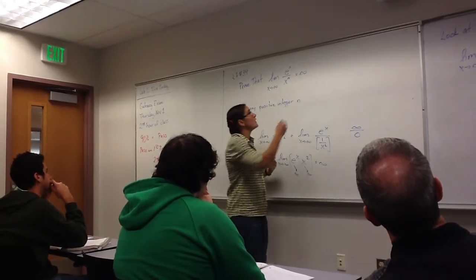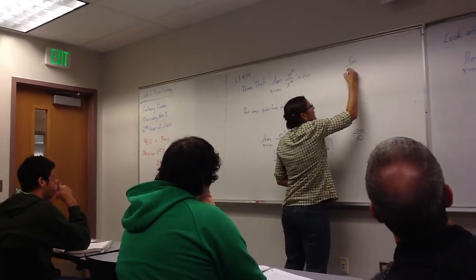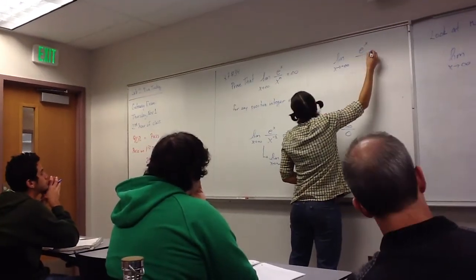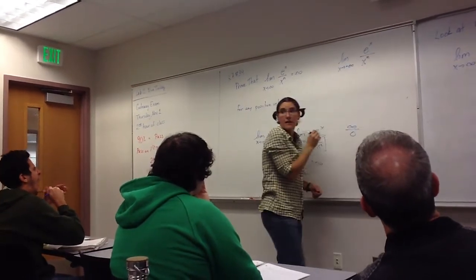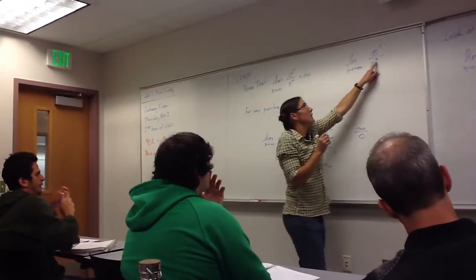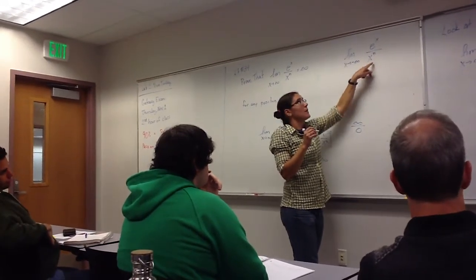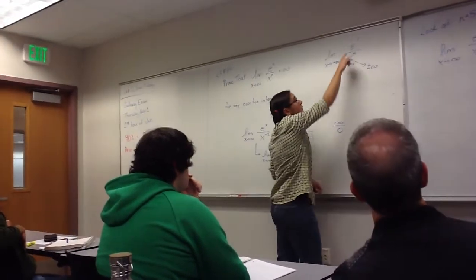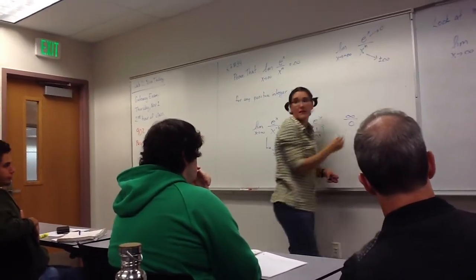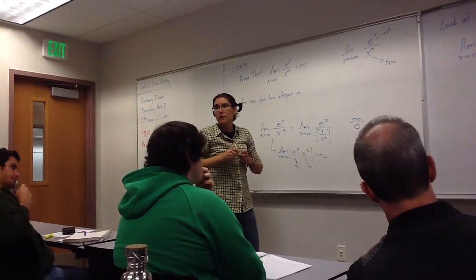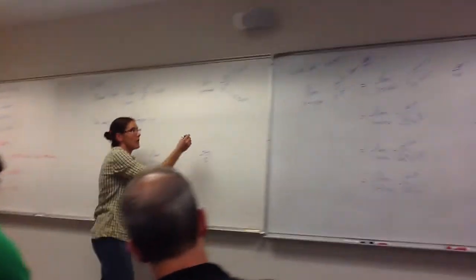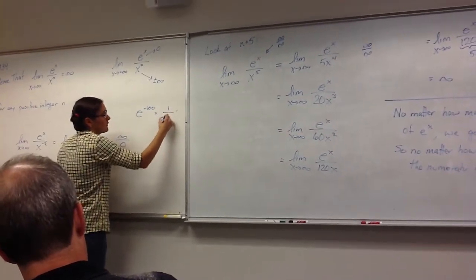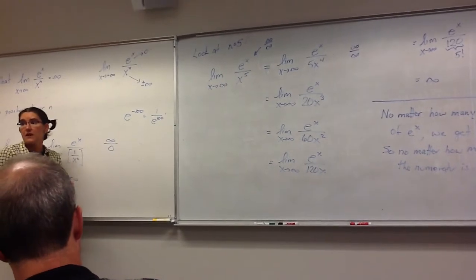So the limit as x goes to negative infinity of e to the x over x to the n. Well, depending on whether n is even or odd will determine whether this bottom goes to positive or negative infinity. So that one's going to plus or minus infinity. But the numerator is actually going to 0. Because if you think about e to the negative 100, that's the same as 1 over e to the 100, which is a very tiny number.